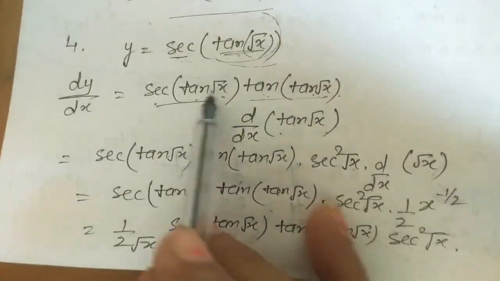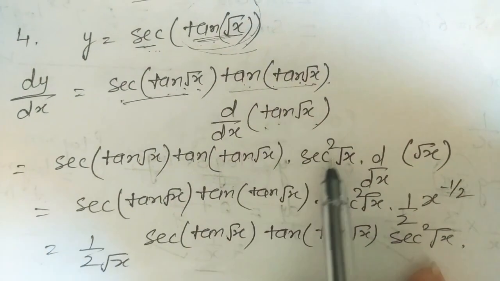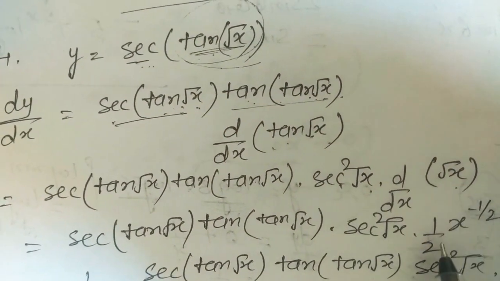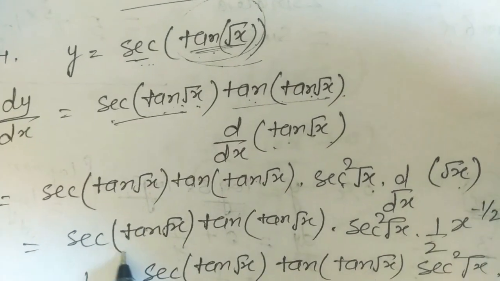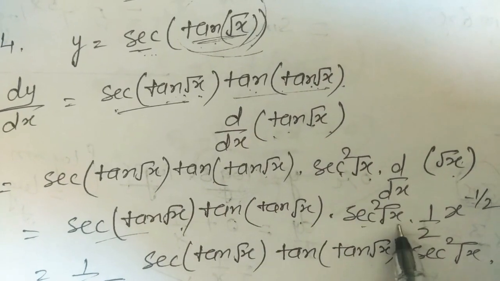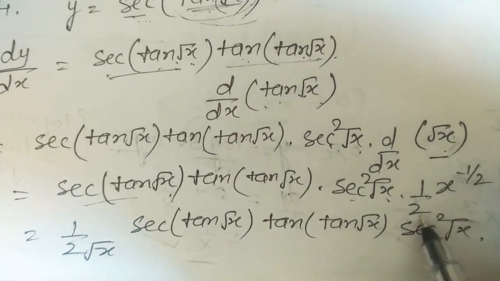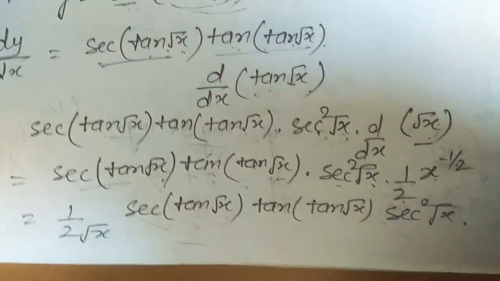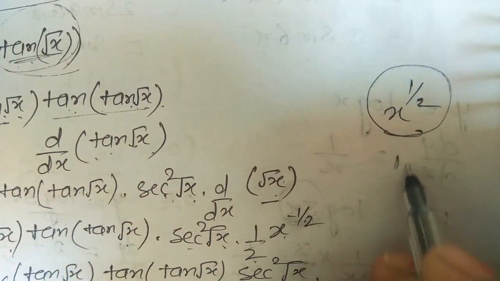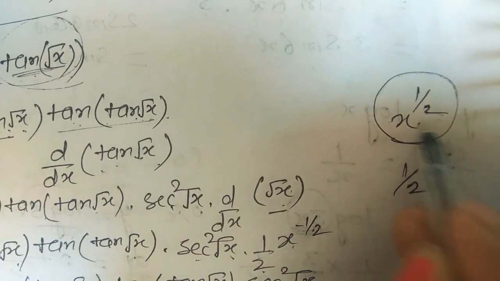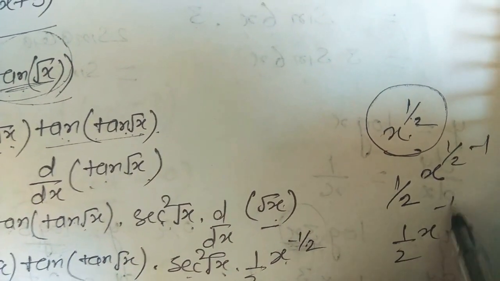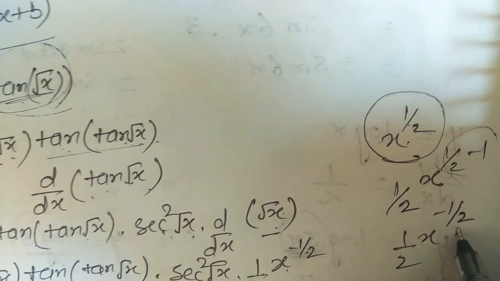And the tangent root x derivative is secant square root x and then we will take the root x derivative. So secant of tangent root x, tangent of tangent root x, secant square root x and the root x derivative is half of x raised to power minus 1 by 2. So root x means x power 1 by 2. And what is the derivative of this? 1 by 2 x raised to power 1 by 2 minus 1. So it will be 1 by 2 x raised to power minus 1 by 2. After taking LCM we will get this.